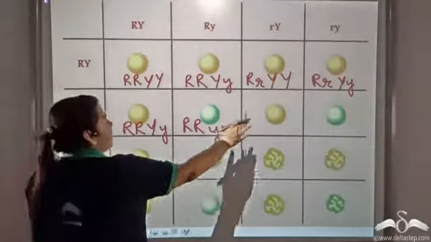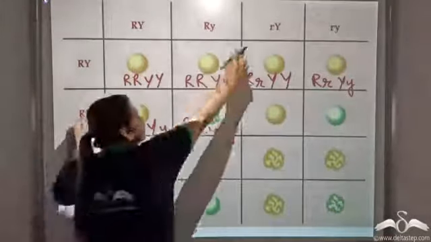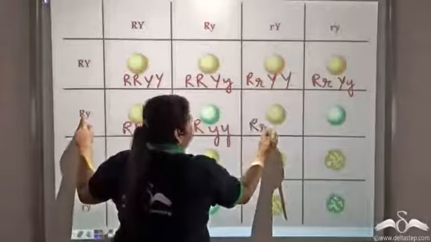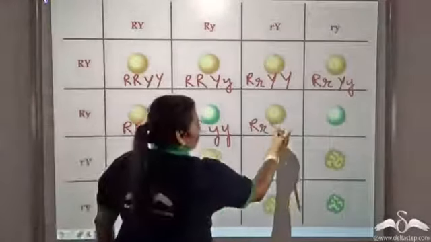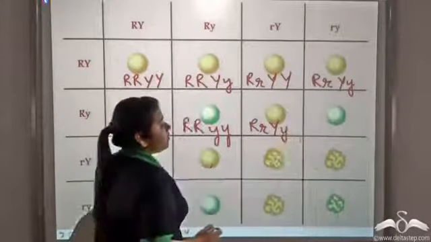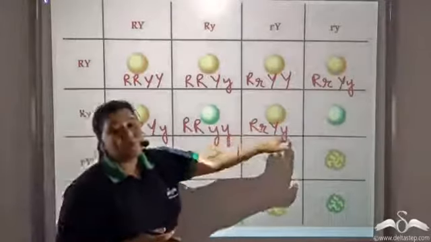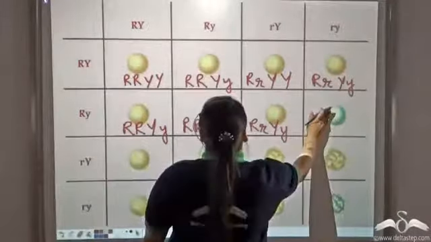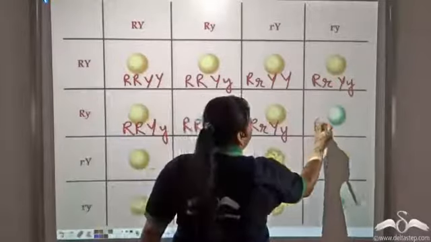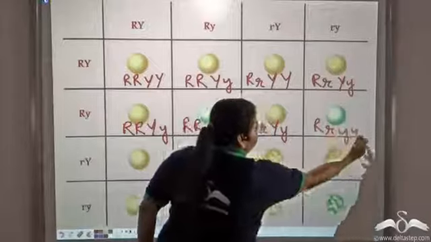For the next seed, the genotype is capital R, small r, capital Y, small y. The convention is always to write capital before the lowercase.